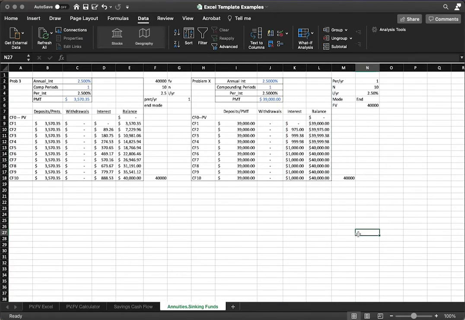Okay. Now, let's see. It looks like something is off. Something's not calculating correctly. And largely because we have $39,000 as the payment. And that shouldn't be right. So let's find out where this is going wrong.